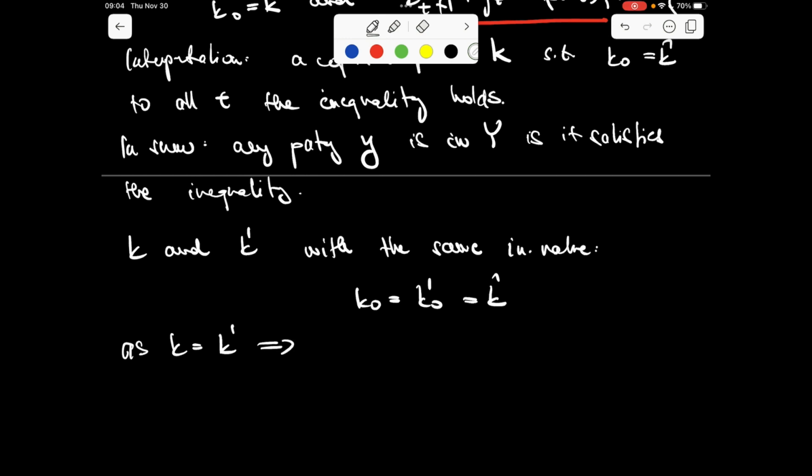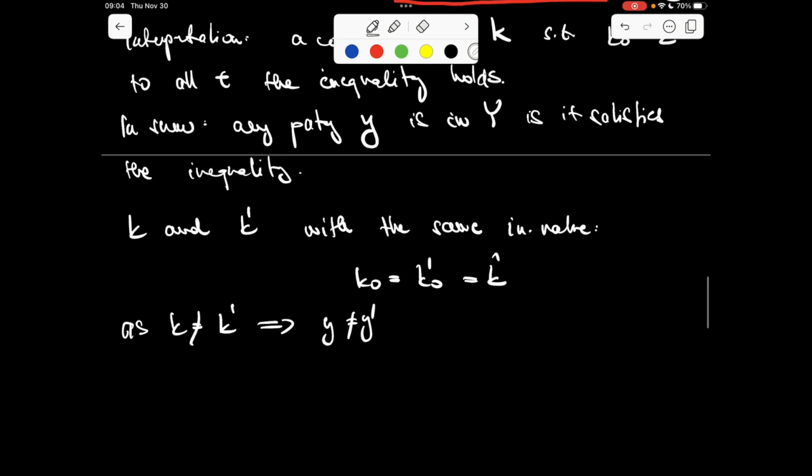The related production paths are also different.